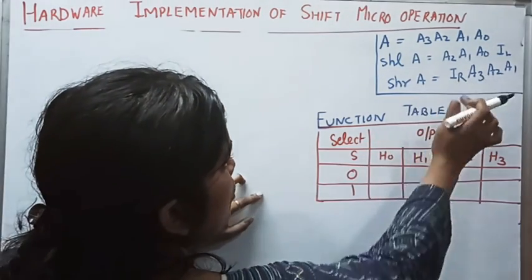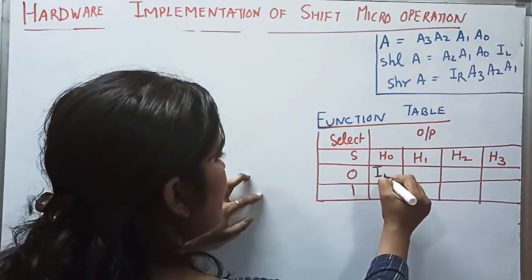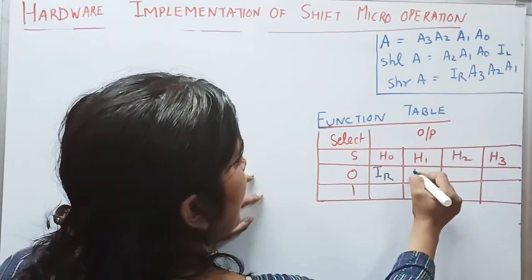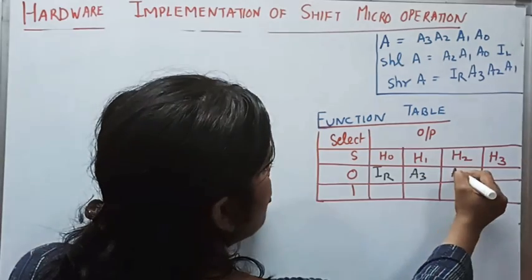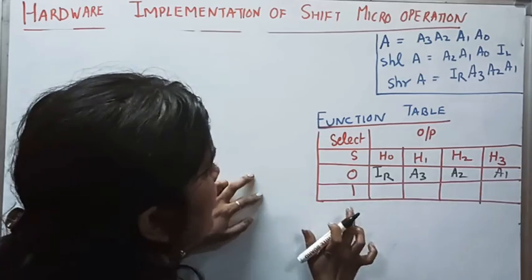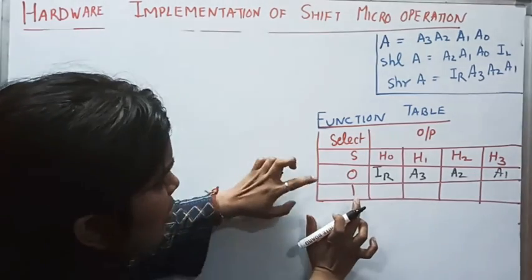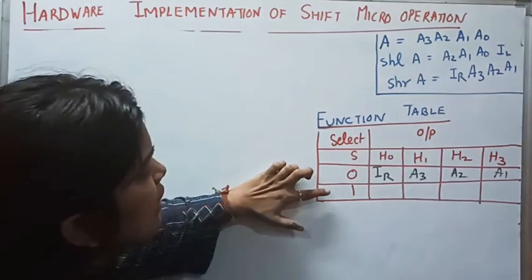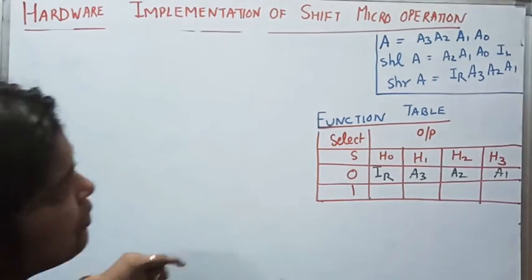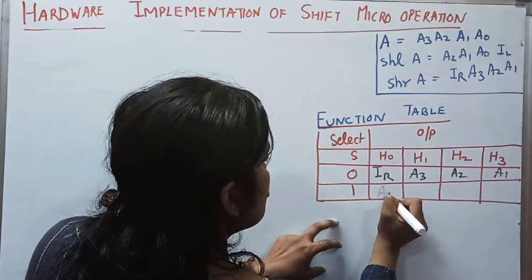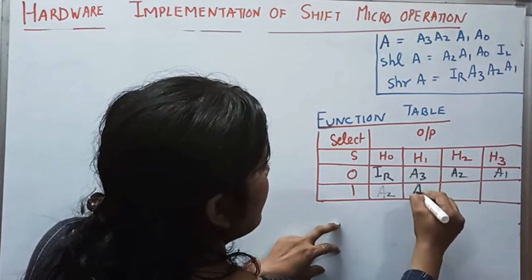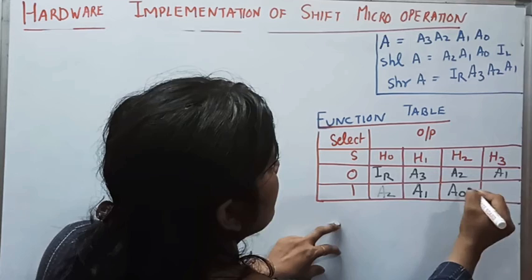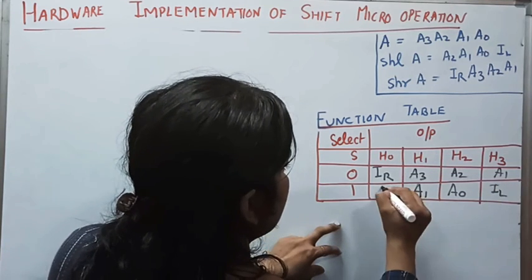The shift right operation you can write as IR, A3, A2 and A1. And next, when the selection line is 1, what will happen? That is the shift left operation, that is A2, A1, A0 and IL.